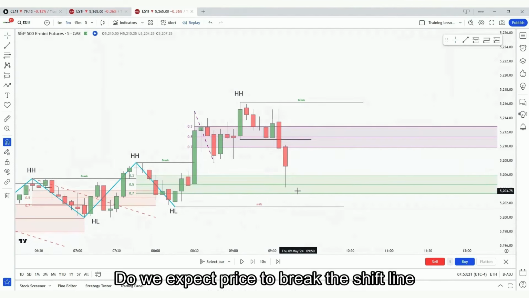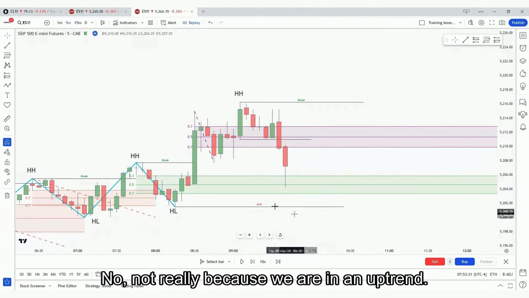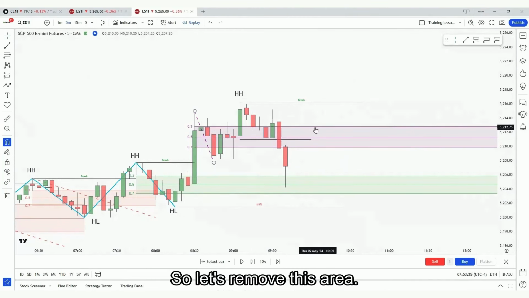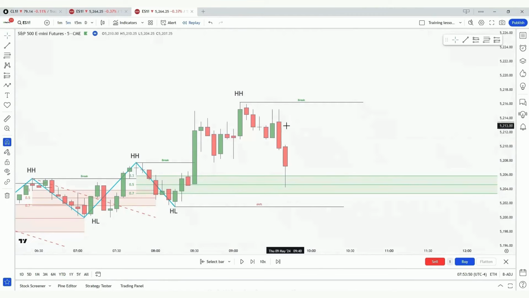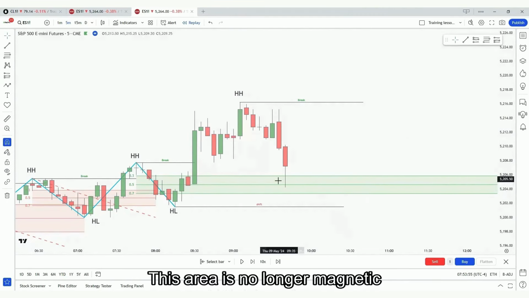Do we expect price to break the shift line and to close below the shift line? No, not really, because we are in an uptrend. So let's remove this area and this line. Like I said, we are in an uptrend and we just retraced back into the area. This area is no longer magnetic.